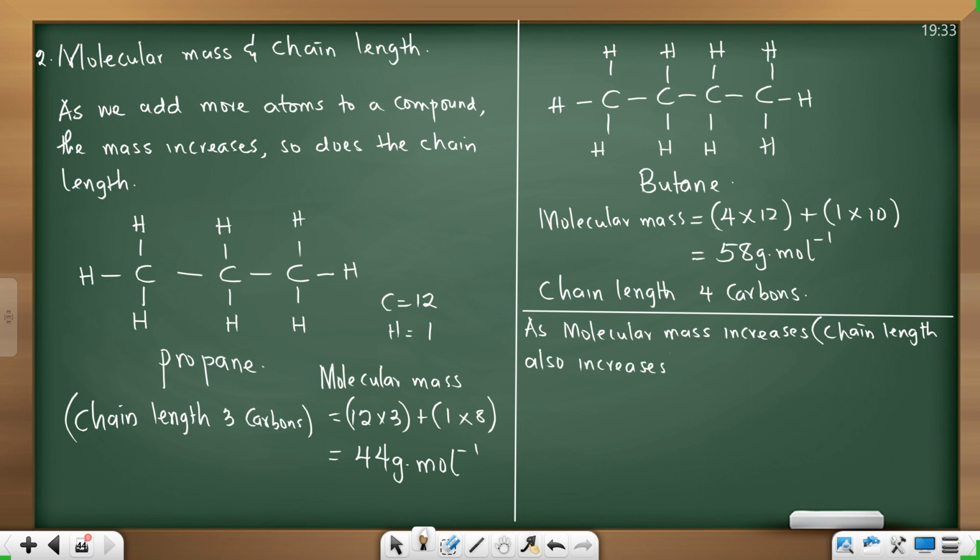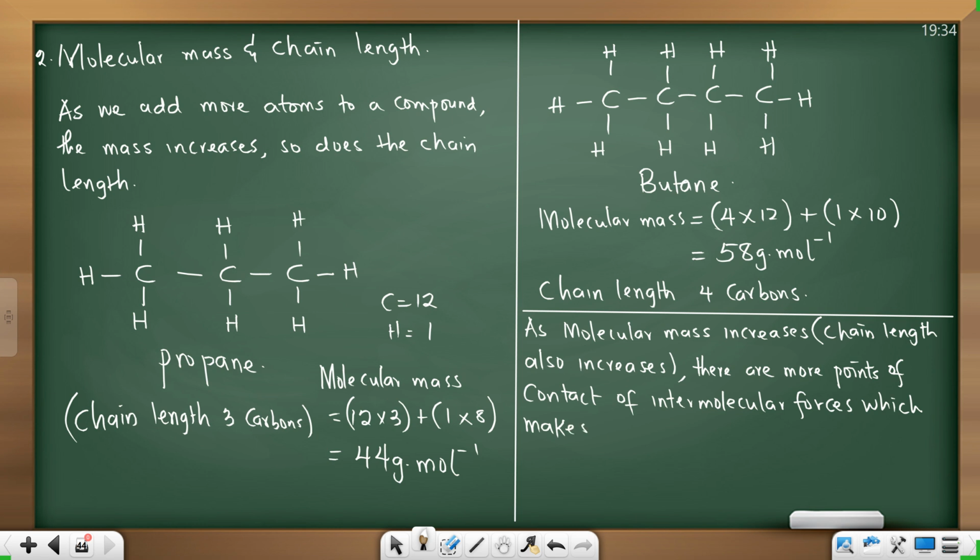Okay, how is that leading us? There are more points of contact of intermolecular force, which makes the compound stronger.